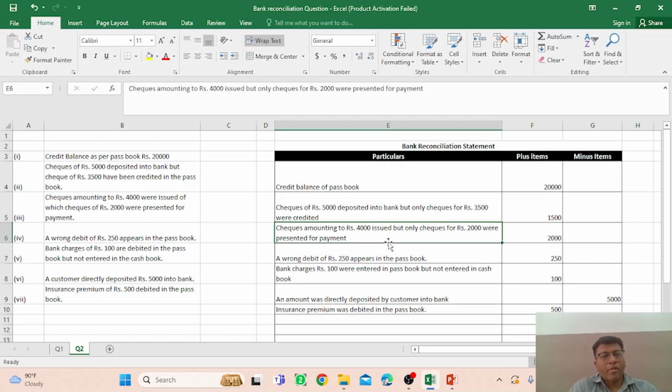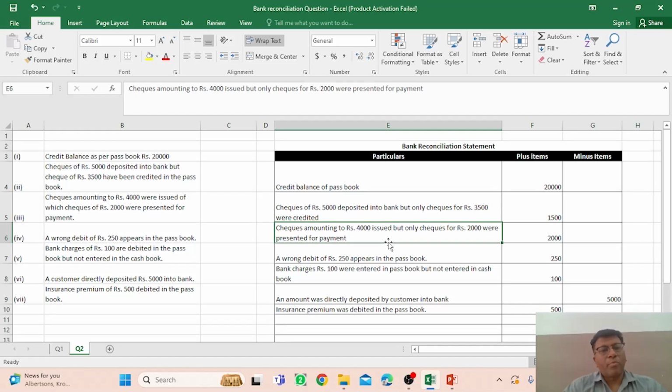So checks of rupees 5,000 deposited into bank is a plus item in cash book, but only checks for rupees 3,500 have been credited. So cash book has more balance in comparison to passbook. 1,500 is the difference, so you have to mention it.